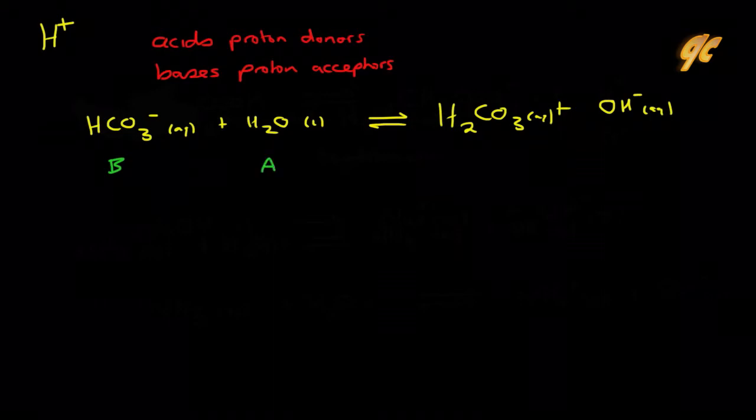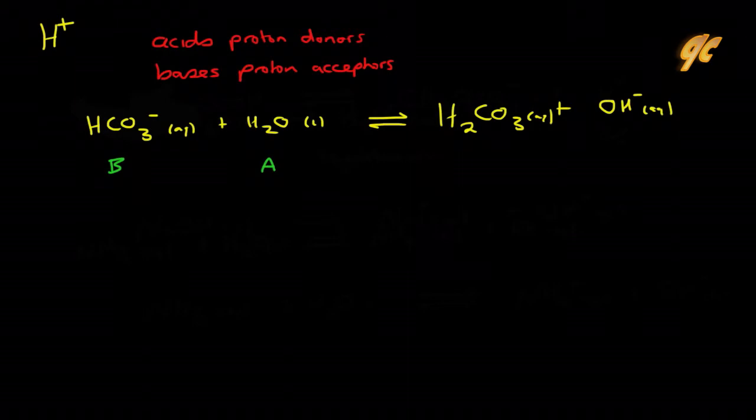This means to say that the carbonic acid now could potentially act as an acid. So this is now our conjugate acid. The hydroxide ion is basic and is known as the conjugate base. These are the species that are made from an acid-base reaction.